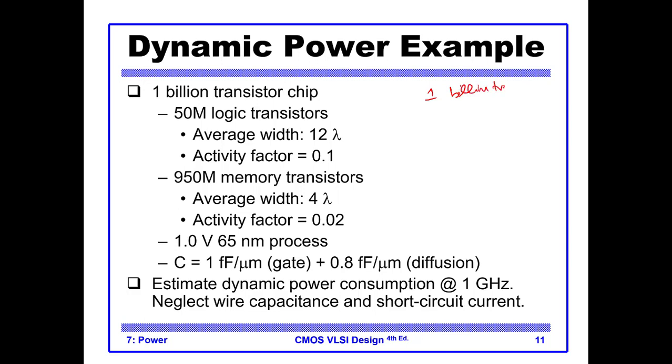Out of these transistors, 50 million are for logic and 950 million for memory. The logic transistors have a width of 12 lambda and an activity factor alpha of 0.1. On the other side, the memory transistors have a width of 4 lambda and an activity factor of 0.02.